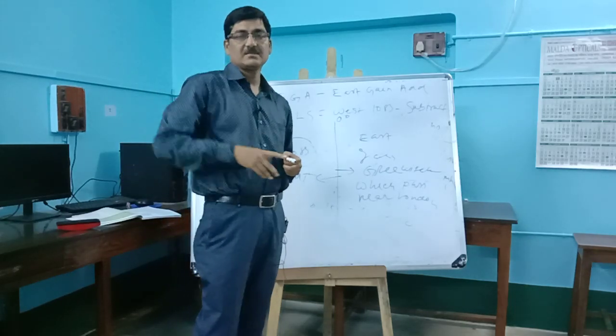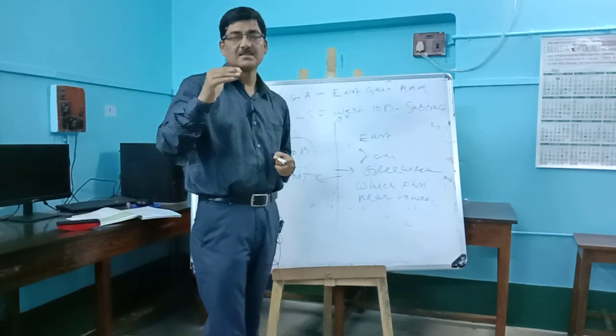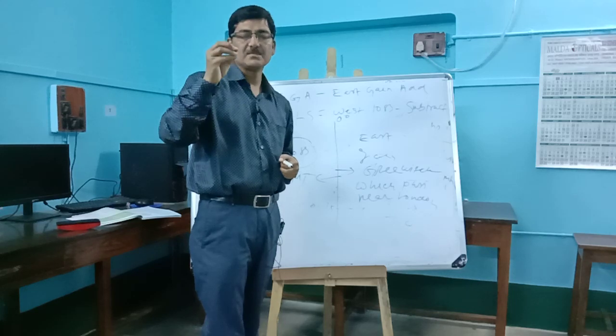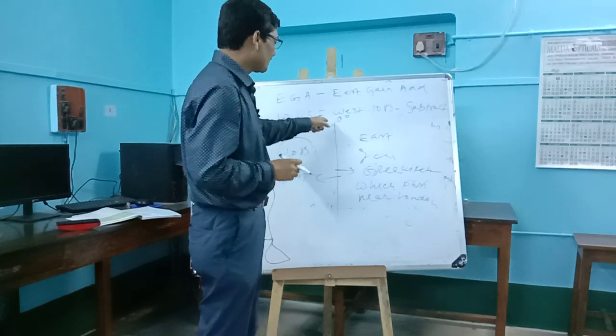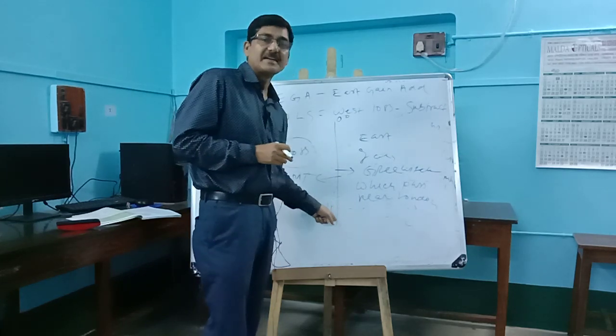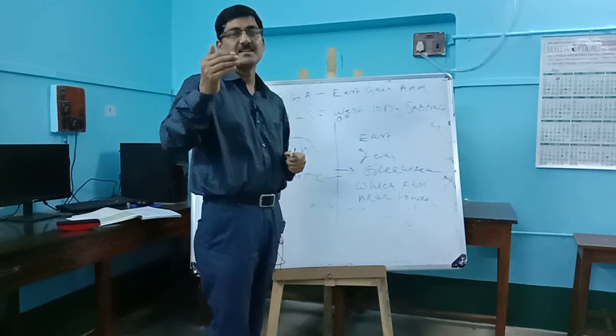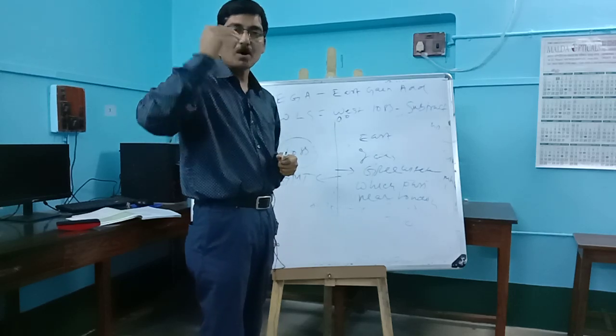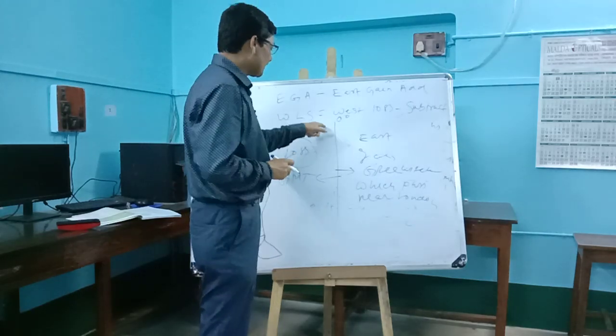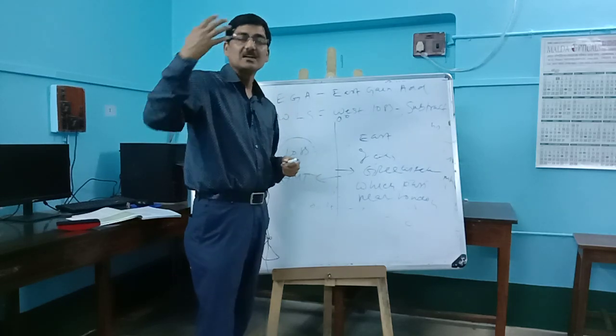Across the world, we always find out the time and fix our clocks in respect of the time of the prime meridian. So this is the reference line. On the basis of this reference line, we fix the time across the world.